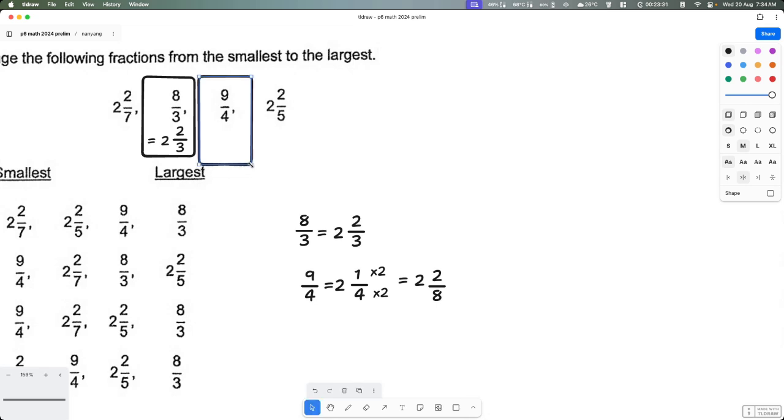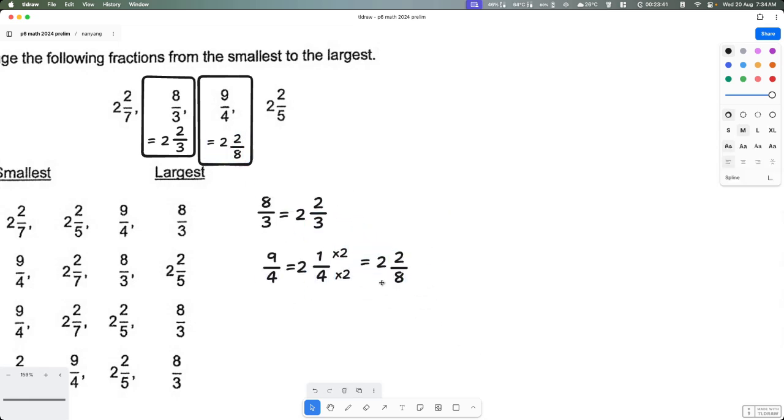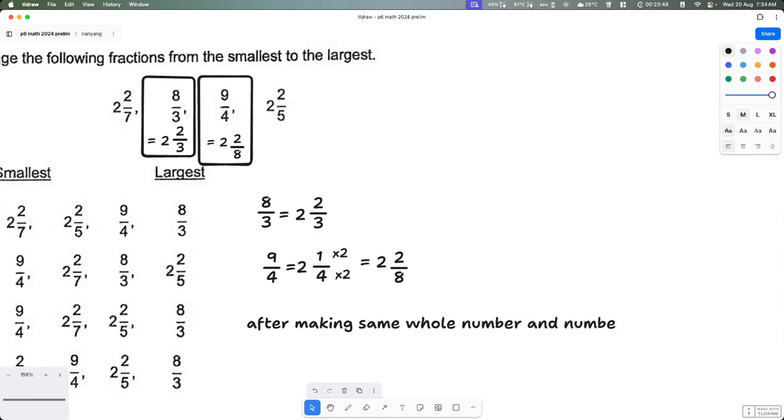Same goes to 9 out of 4. So it's 2 out of 8. Okay, I'm going to place it over here, make it smaller. All right, so now after making the same whole number and numerator, we compare the denominator.